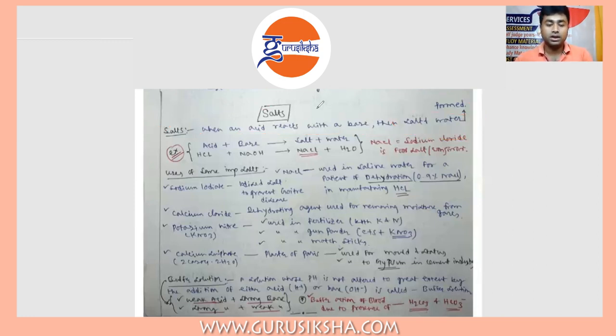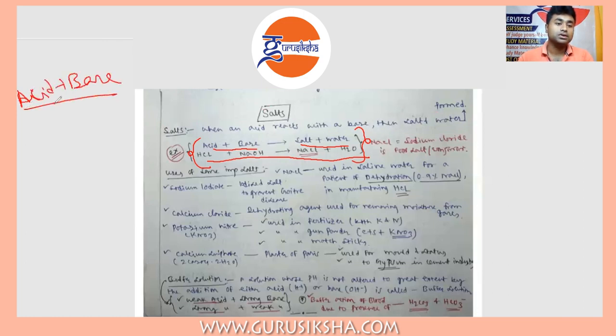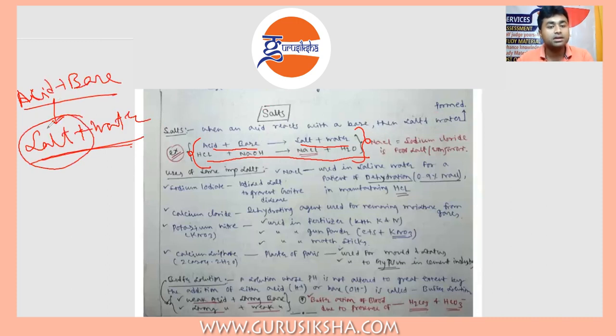For example, you can see over here acid and base form salt and water. That means acid plus base produces salt and water. So salt is not a primary component.